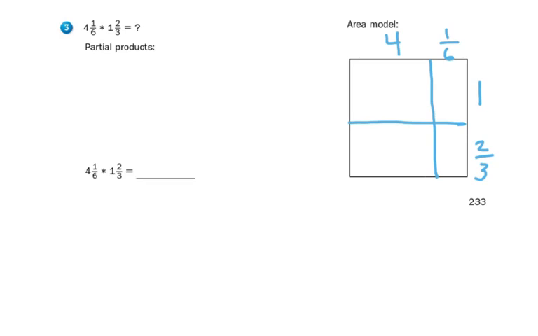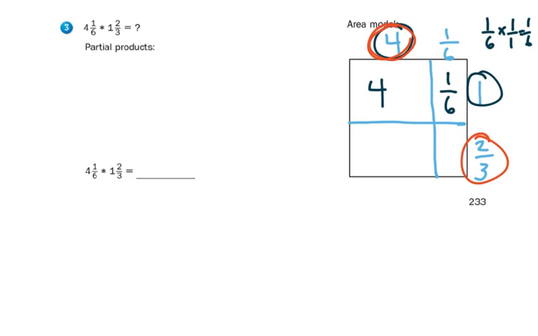Let's go ahead and multiply. 4 times 1 is 4. And 1/6 times 1, remember I can write that over 1, 1/6. Now we'll take 4 times 2/3. Remember, just write that over 1, 8/3.